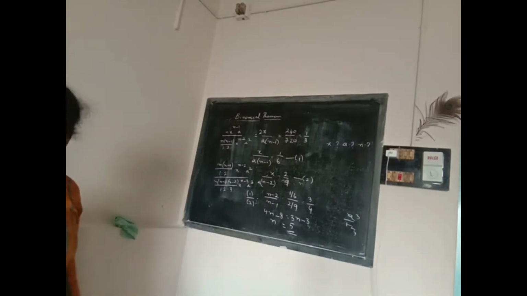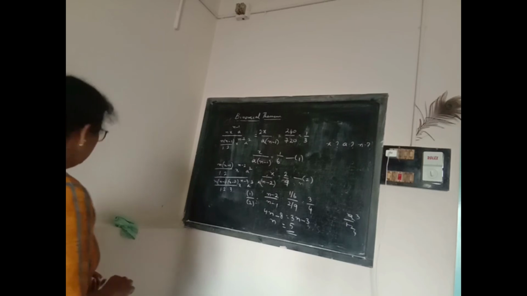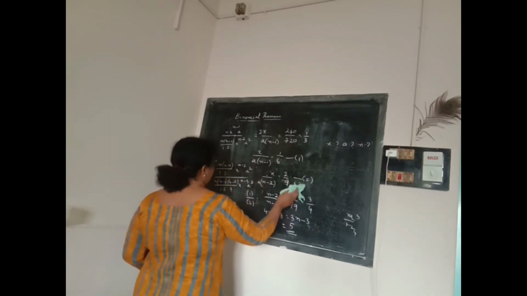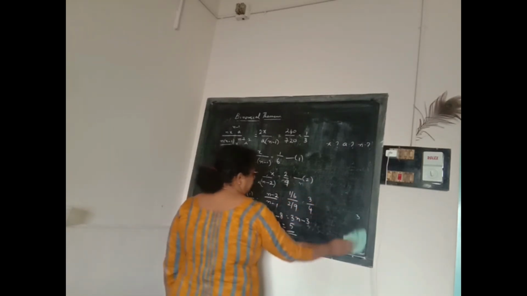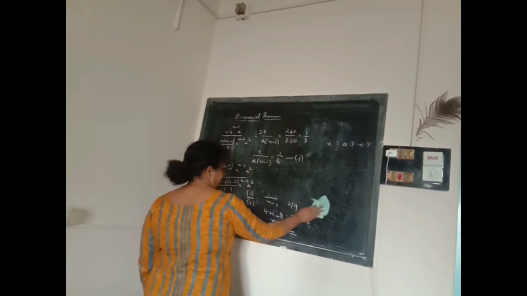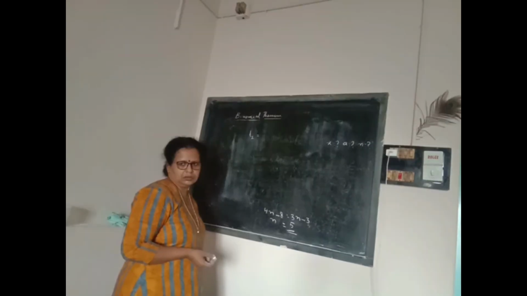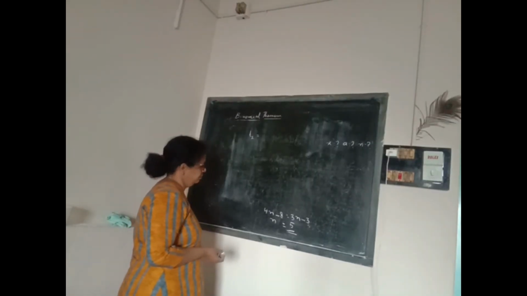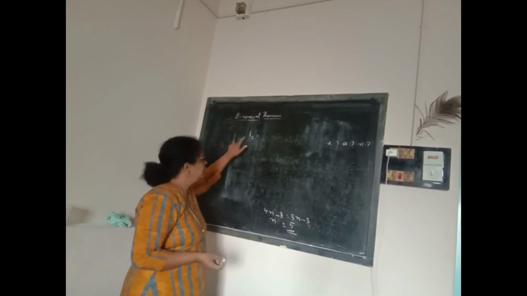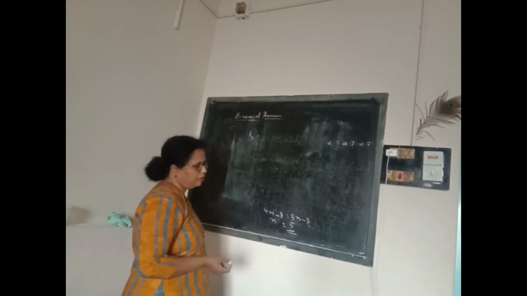When you get n equal to 5, substitute. You will get the other terms. When we got n equal to 5, we have to substitute in T2. Second term, what have we written?